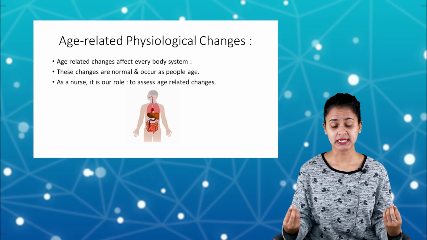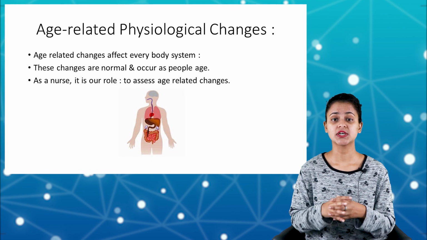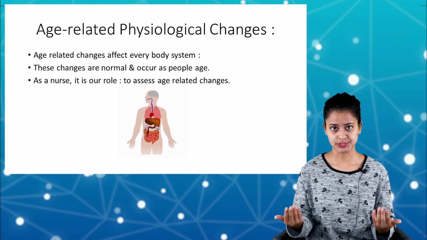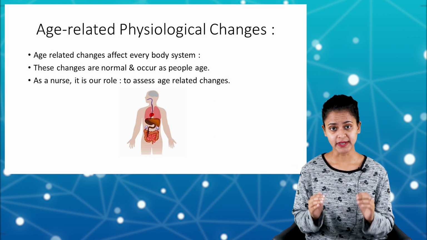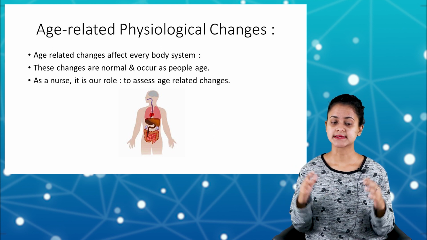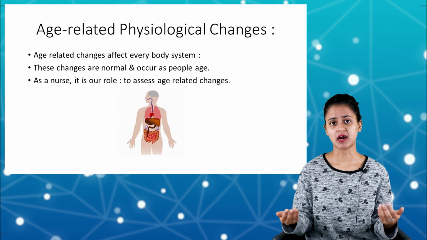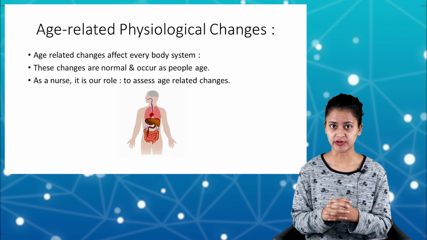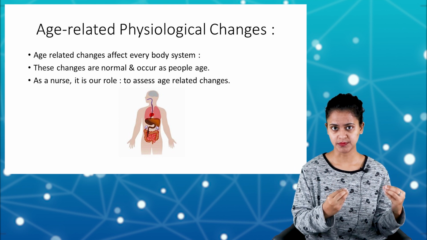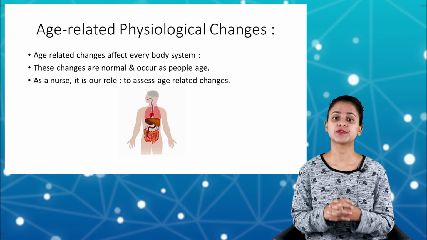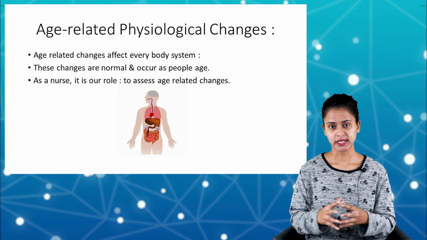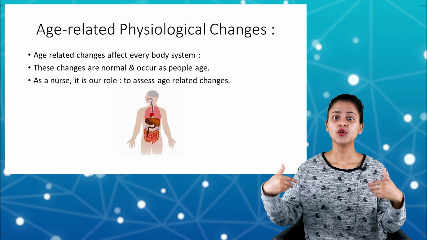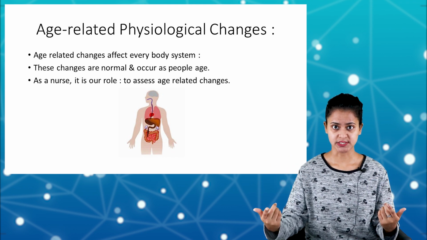Now we are going to discuss age related physiological changes. Age related changes are common and affect every body system. These changes are normal to occur in our old age people. As medical professionals, it is our role to learn about the normal physiological changes.